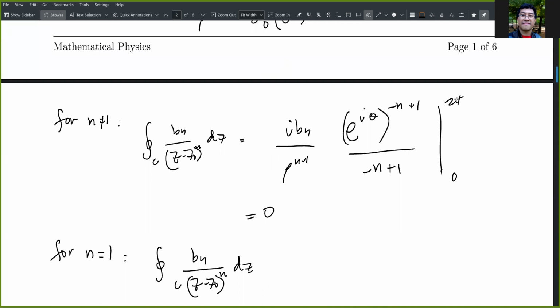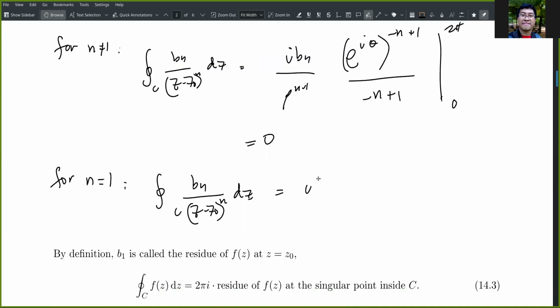So this would simply be i b_1 times 2 pi, where n is already 1.